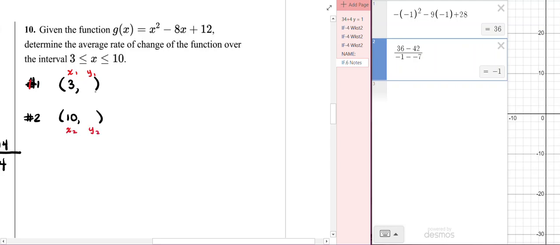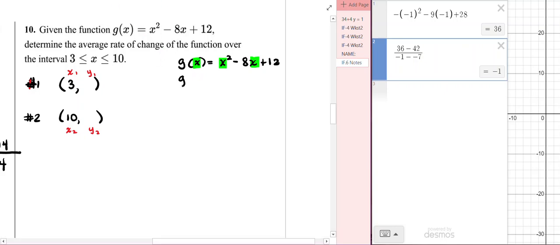Now, how do we find them? We're going to use the function g of x. These are our calculations on the side. Clear? We know that g of x is equal to x squared minus 8x plus 12. Everywhere you see the x, we're going to plug in 3.